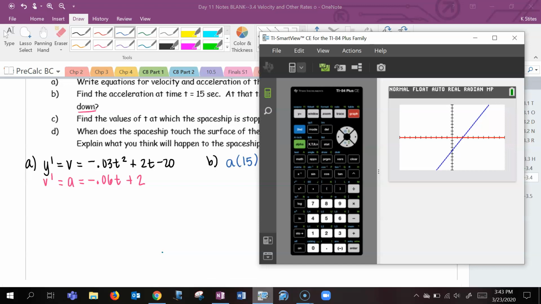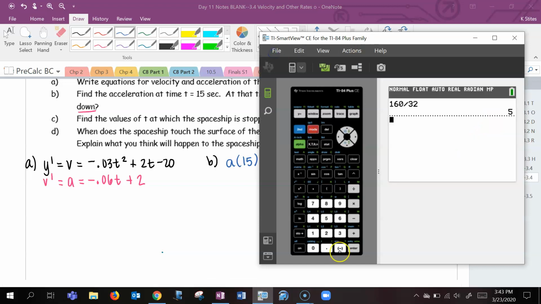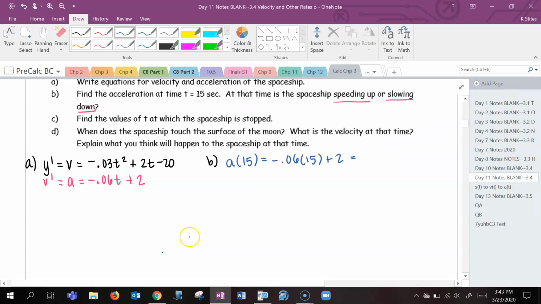Negative 0.06 times 15 plus 2. So that's 1.1. And are we in meters? Did I tell you where you are? Kilometers? Okay, kilometers per second squared. So that's acceleration. Now I'm going to check velocity. Velocity at that same time. So make sure you use the right formula.